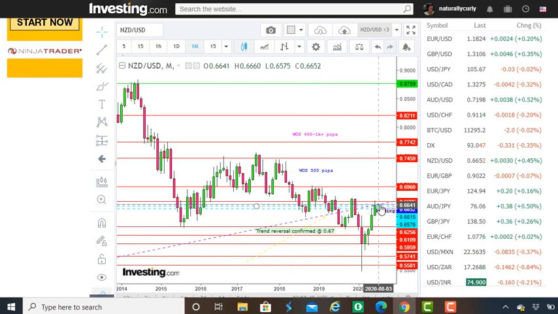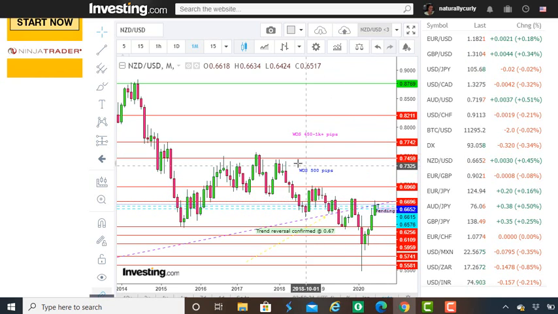So right now we still want to trade very cautiously, just because we haven't been able to have a full green candle break of this particular trend line. So once she's trading in this area, I would say it's more of a green light, as in we're going to now start seeing this upward movement again with NZD USD.